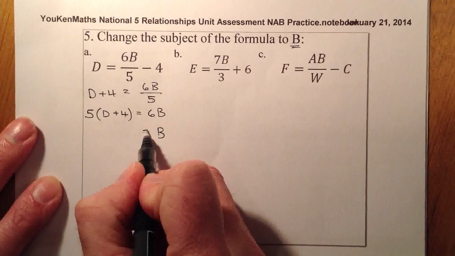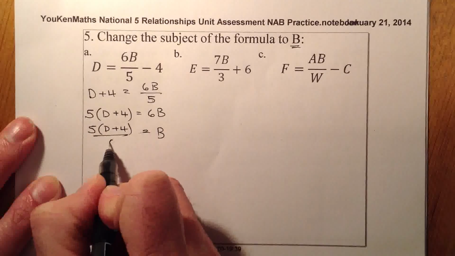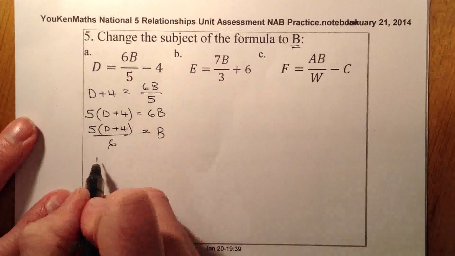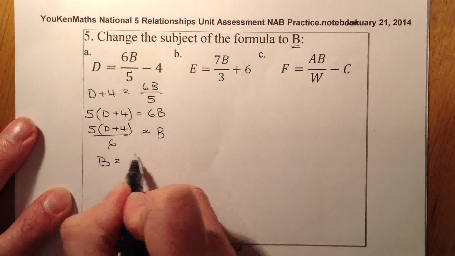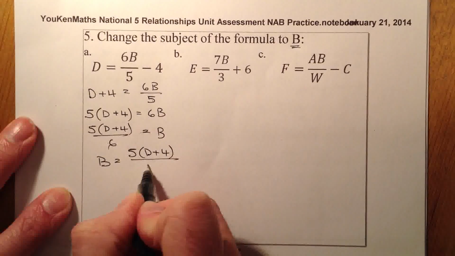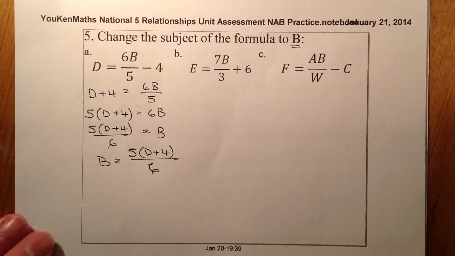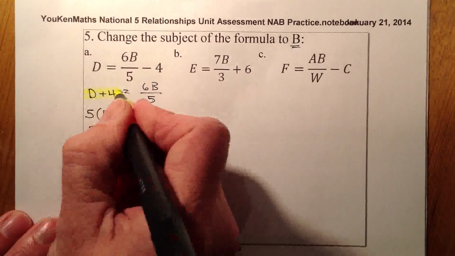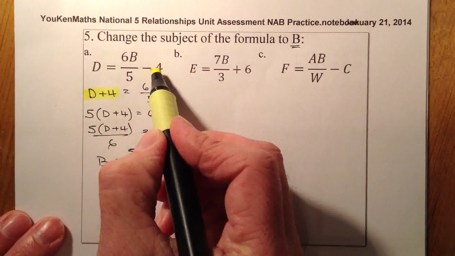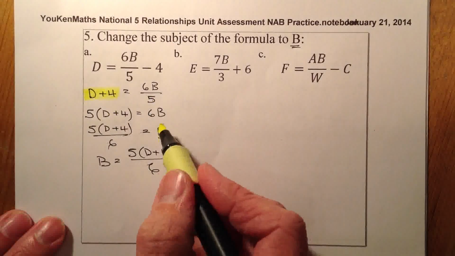So what I've got there is b is equal to 5 times d plus 4, all divided by 6. And really just to tidy it up, I'll just say that b is equal to 5(d plus 4) all over 6. And for there, I should be getting 3 marks. First mark I'm going to get is for realising that first thing I have to move is the 4 from there to get b partially on its own.